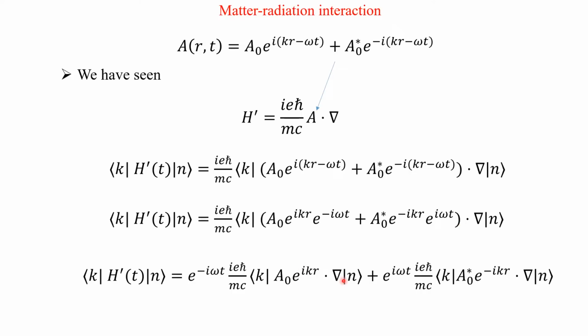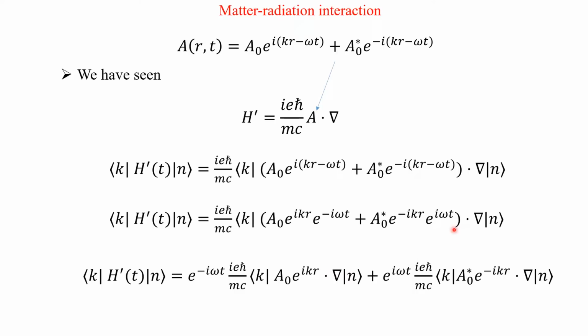Since this gradient is for the spatial derivative, I am taking the time part outside in both cases, and I am separating this into two parts. So this will be equal to e power minus i omega t, this constant term, and this inner product, which is Dirac notation. We are taking this one.